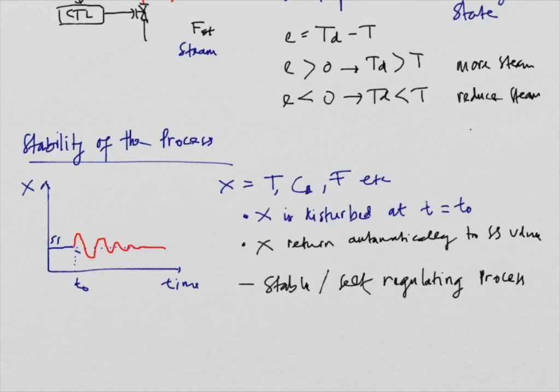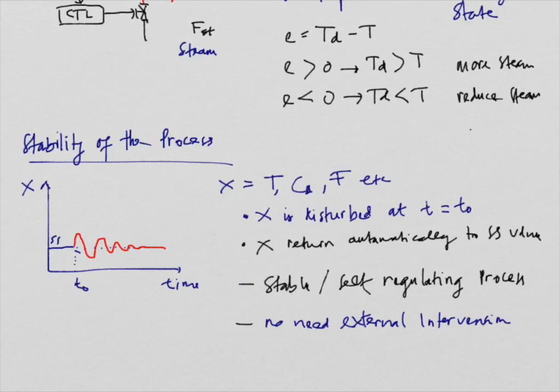No control action is applied to the system. So the system is a stable, self-regulating process. So for a process like this, we need no external intervention.